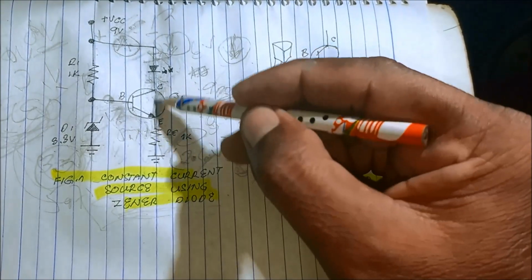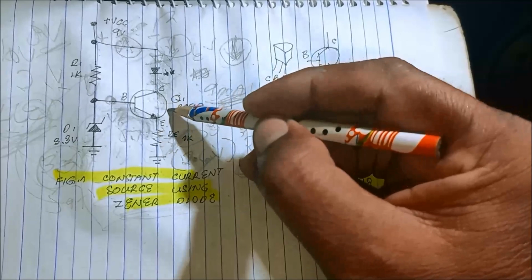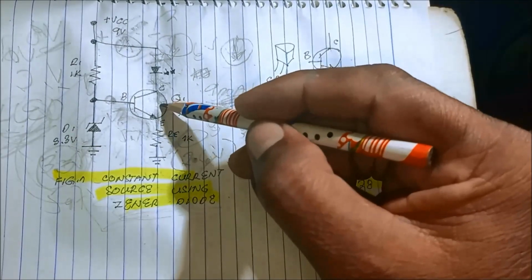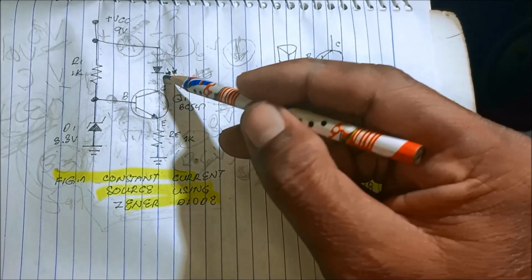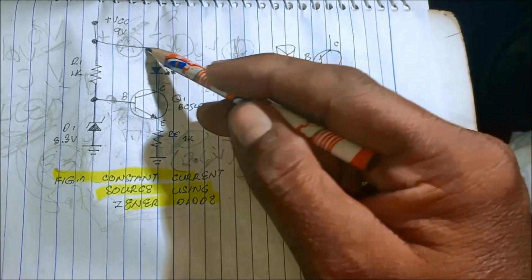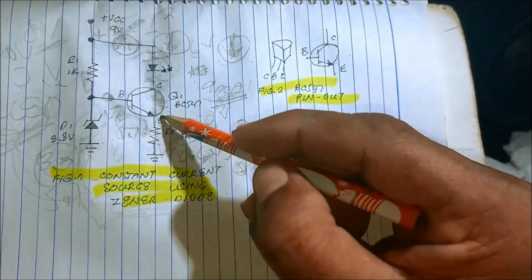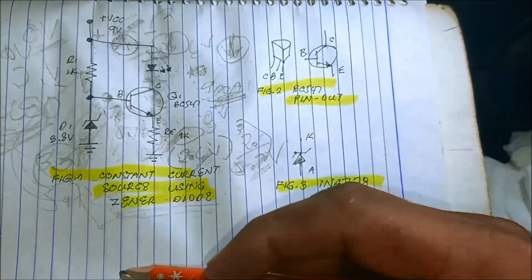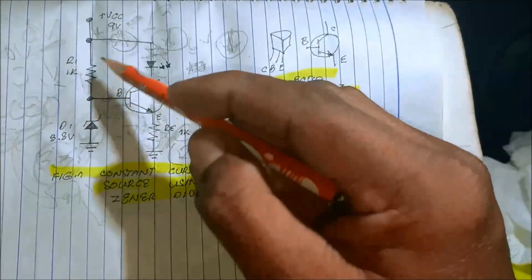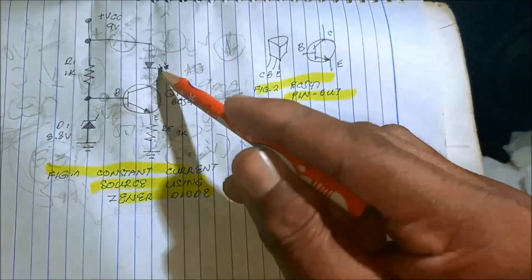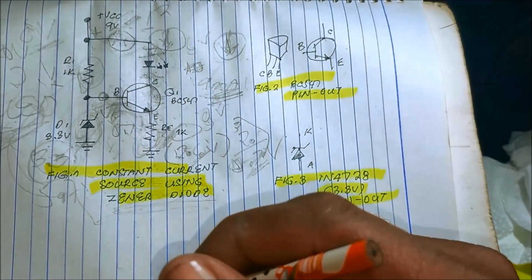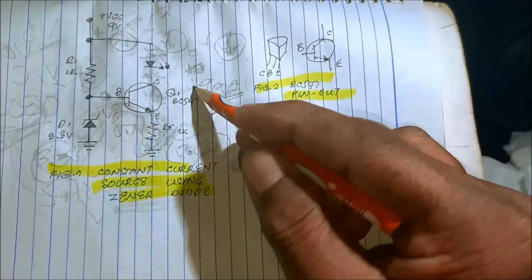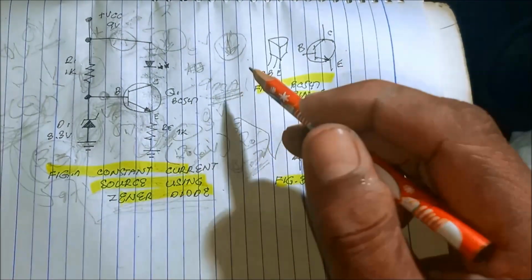Remember, the collector to emitter is the one that varies. This is the one where the voltage is adjusted, depending on how many LEDs you connect. And this one is constant. This one is constant. Same as here. Only the transistor now serves as an amplifier and sometimes a switch.